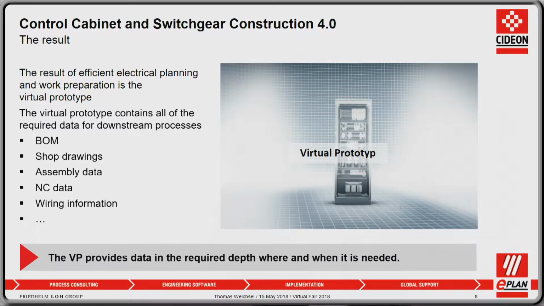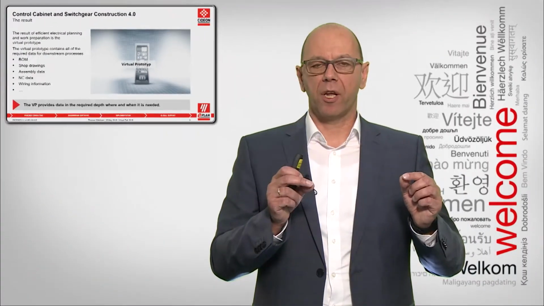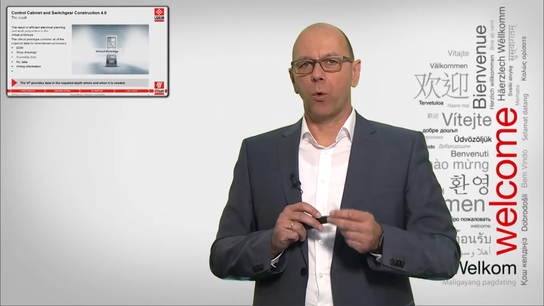And last but not least, the wiring information, which makes it possible to prefabricate your wires in the necessary lengths, with the correct labeling, with the correct and defined wire end preparation. So the virtual prototype provides all data required, where it's needed, when it's needed, in the necessary depth.